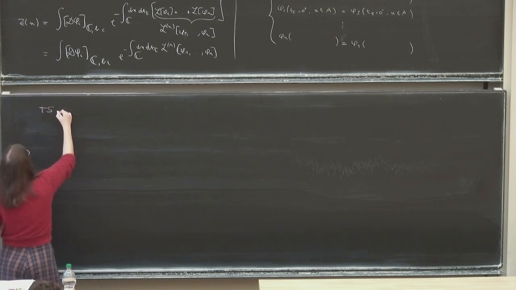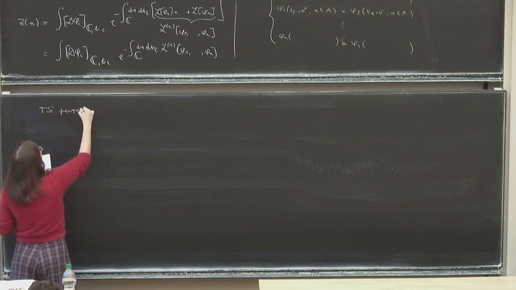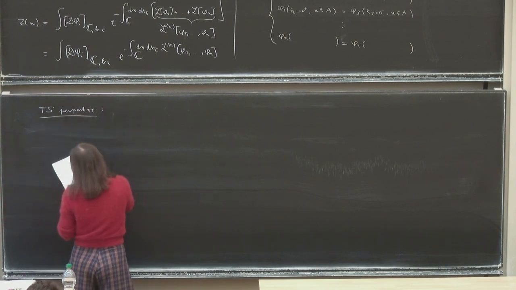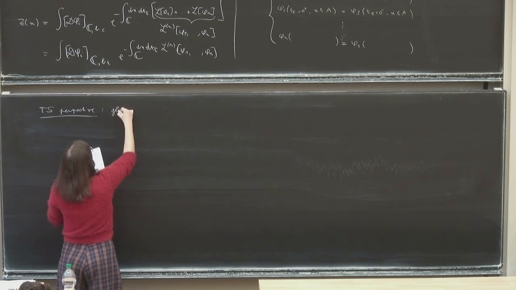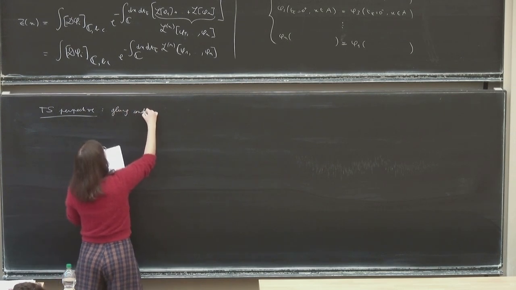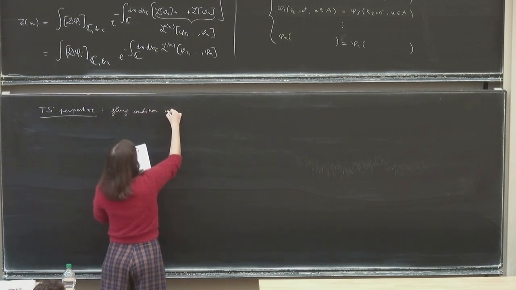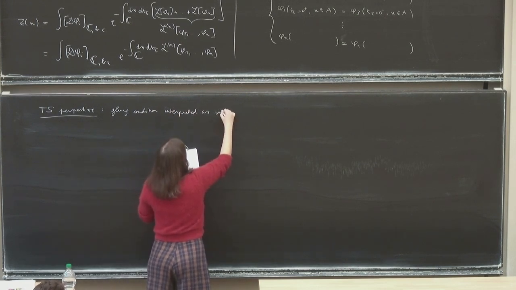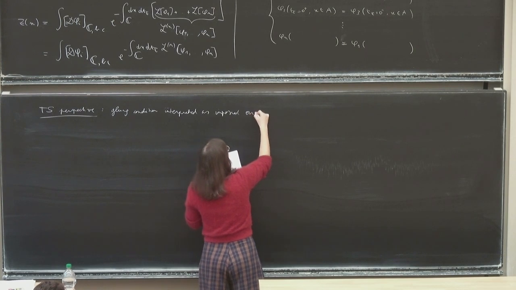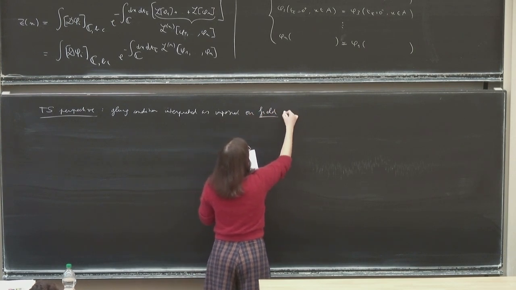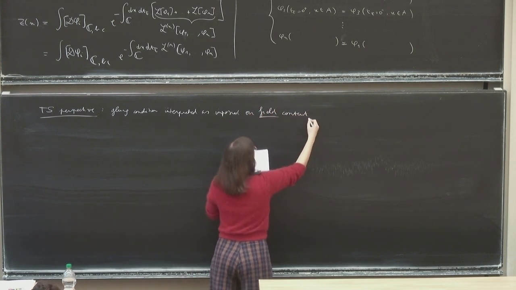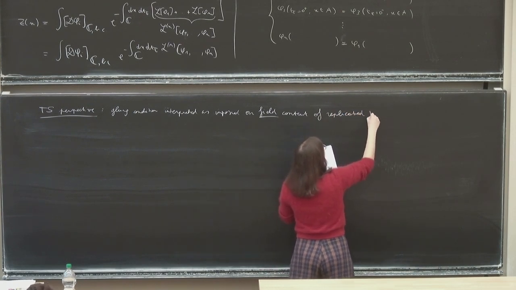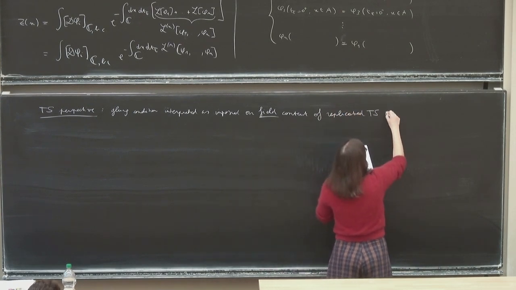So when here we had a worldsheet perspective, now we have a target space perspective on the gluing, which means that the gluing conditions are interpreted as being imposed on the field content of a replicated target space theory.